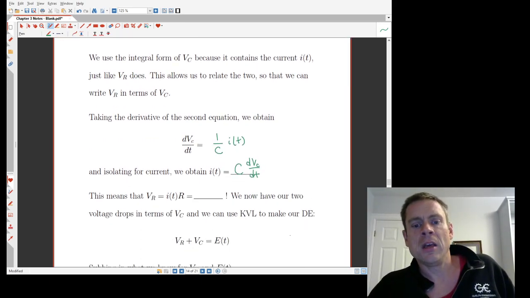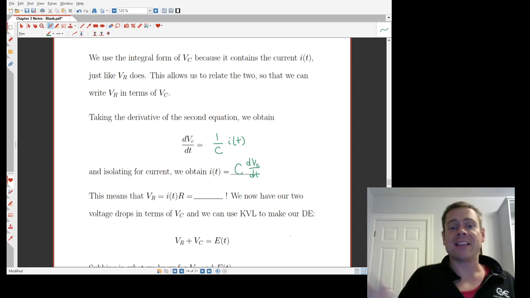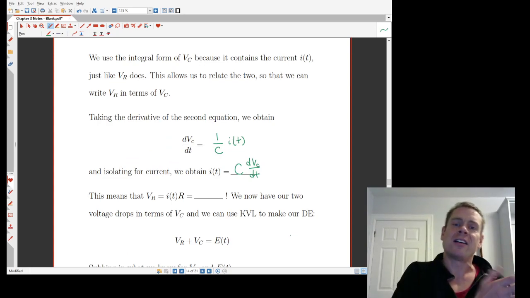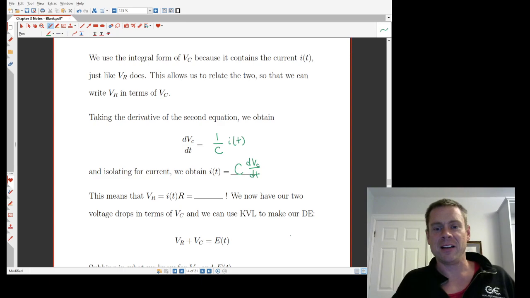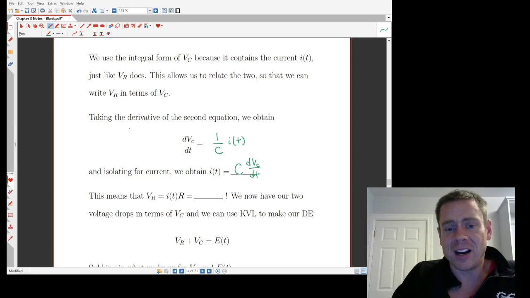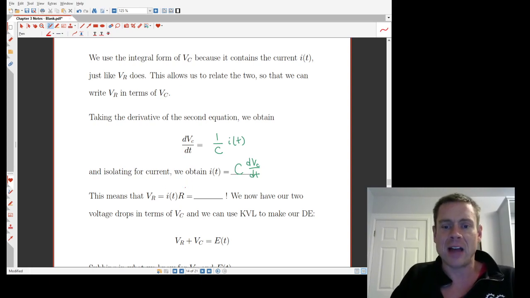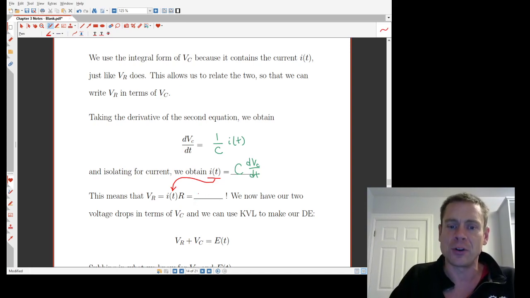Okay. So that means that I can take this, and I said I wanted to write the VR in terms of the VC here. And my VR was equal to I times R. And I can take my I here, and I can plug it in right there. And I'm going to get this. I have a constant, I'll write those out front maybe.